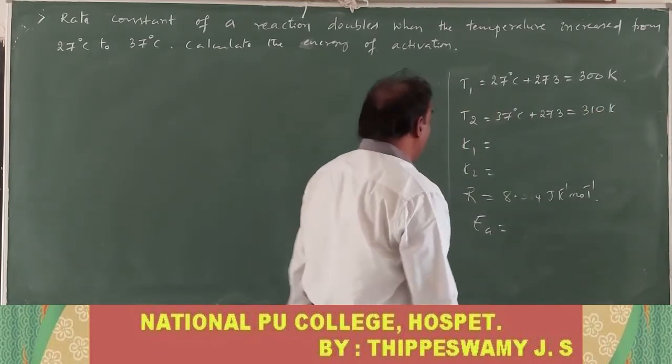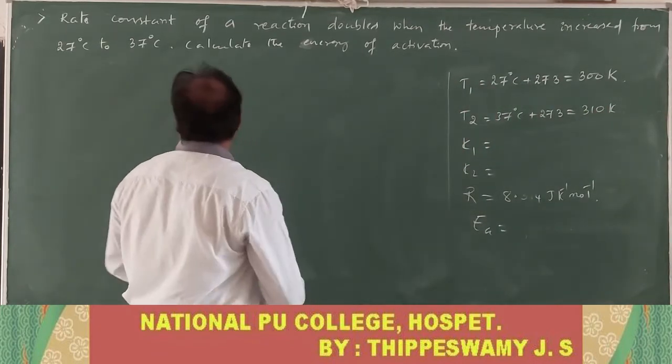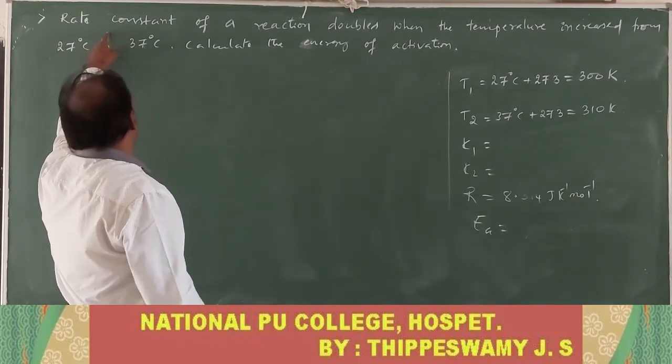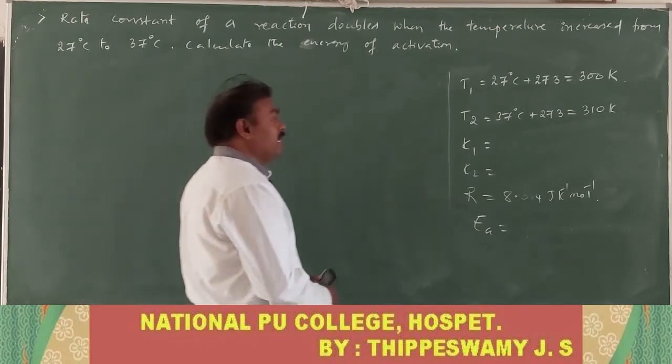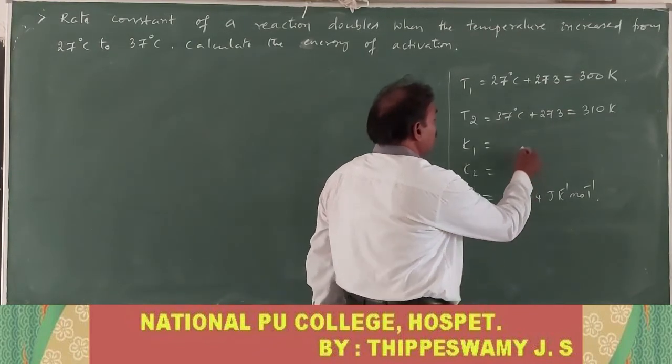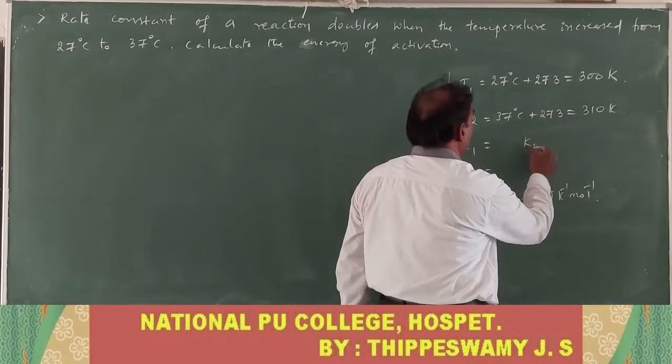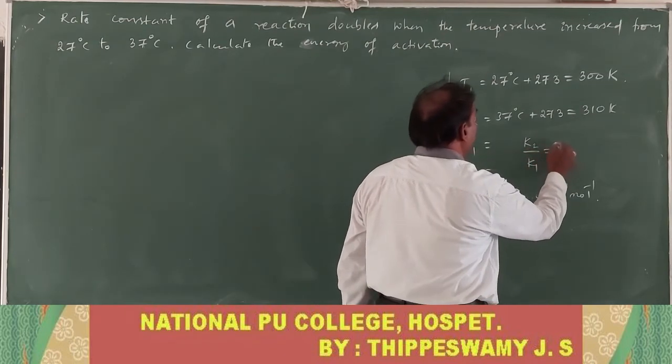And what is the value of K2 and K1? The question says the rate constant of a reaction doubles. That means K2 divided by K1 will be equal to 2 by 1.